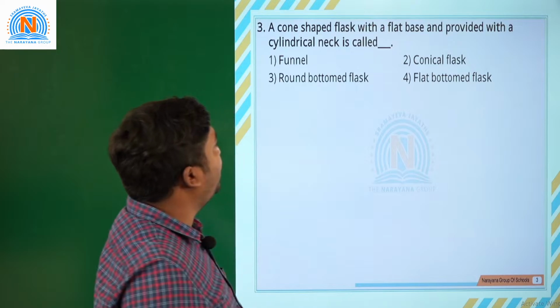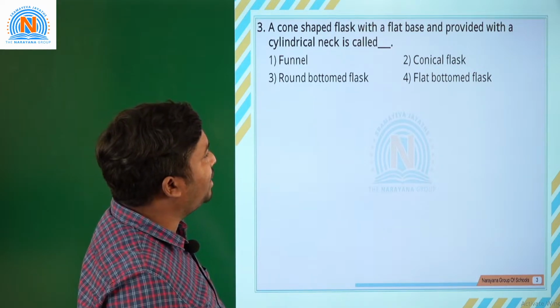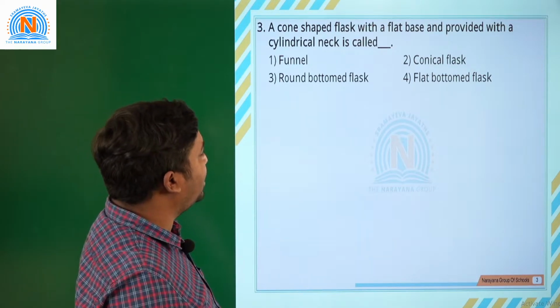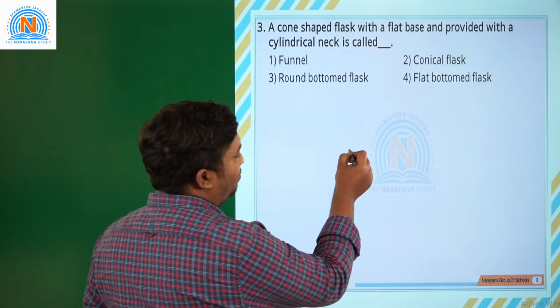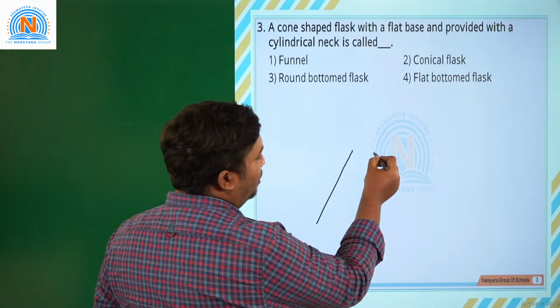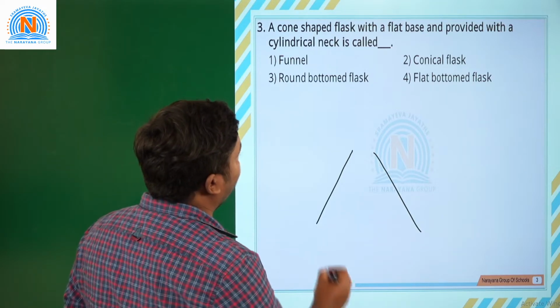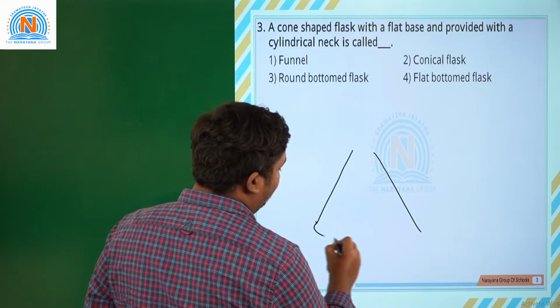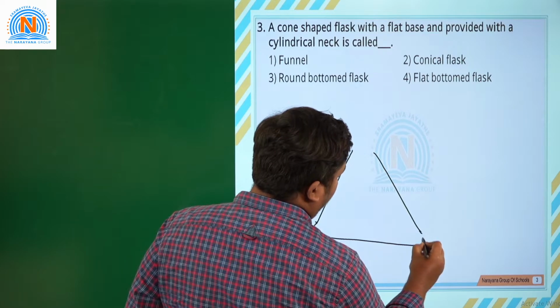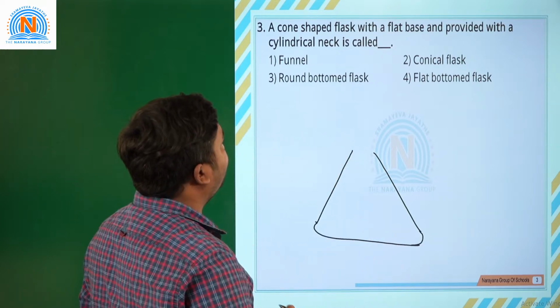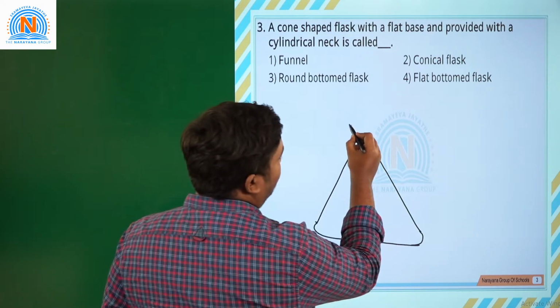Next, the cone shaped flask with a flat base and provided with a cylindrical neck. So cone shaped, but here you have to take an inverted cone shape like this with a flat base, and provided with a cylindrical neck.